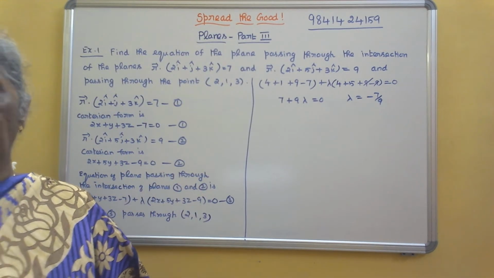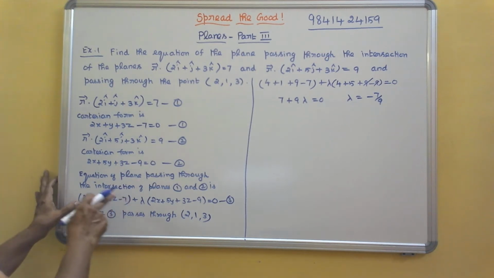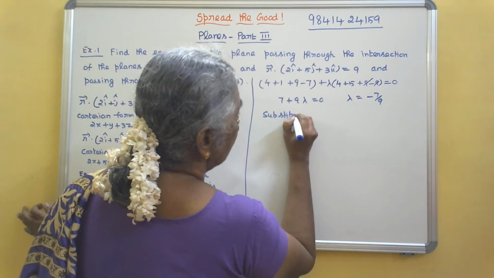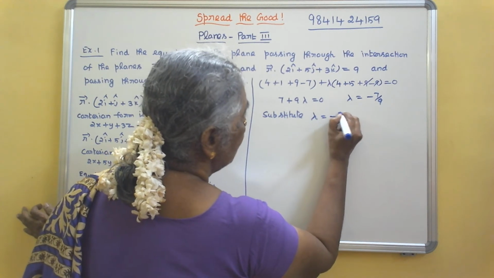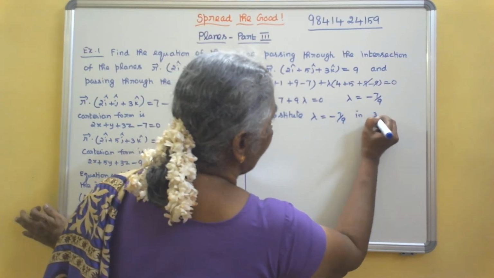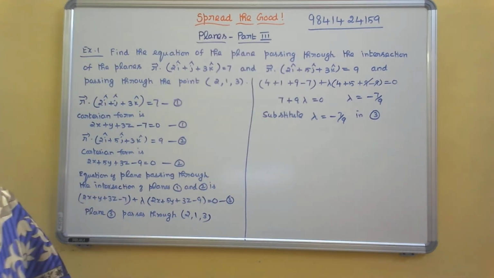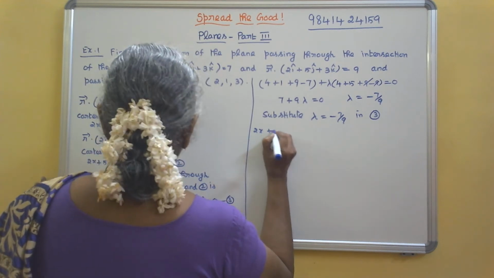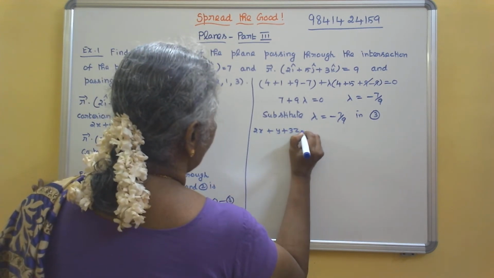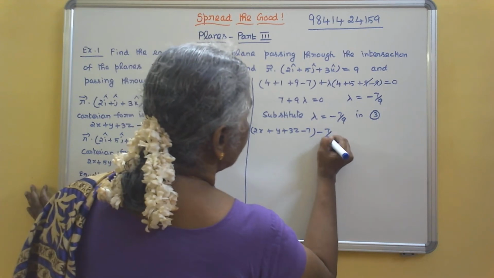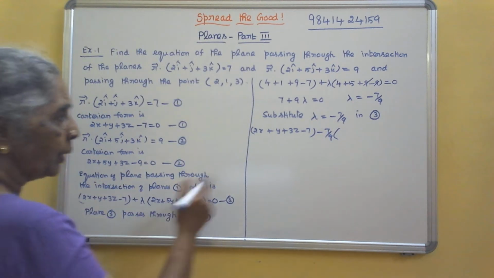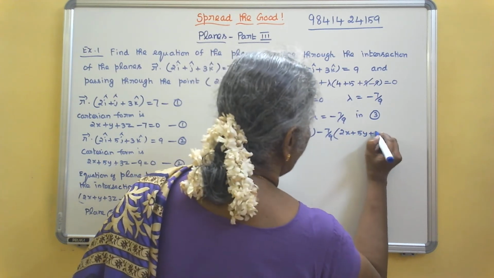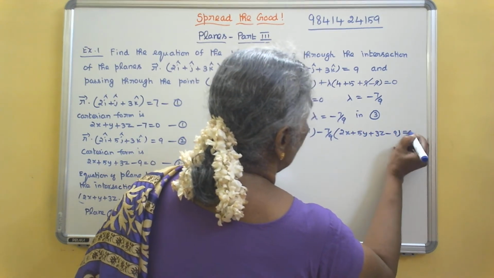Once you find lambda, substitute it in equation 3. What you are going to do? Substitute lambda is equal to minus 7 by 9 in the equation of plane 3. So you will get now 2x plus y plus 3z minus 7 by 9 into (2x plus 5y plus 3z minus 9) is equal to 0.